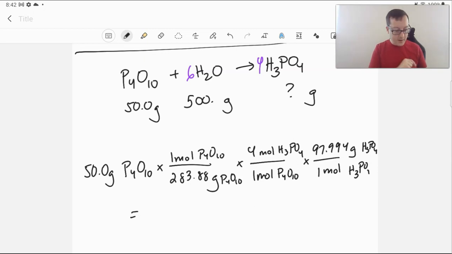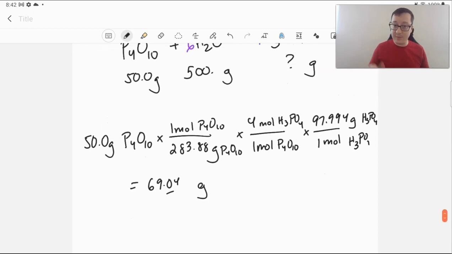So we're going to have 50 divided by 283.88 times 4 times 97.994. We get 69.04, we'll say. And we'll just go ahead and indicate that we have only 3 sig figs here. Let's just keep it for now, just in case we have a problem. All right, so that's the amount we can make with our phosphorus-containing compound, our P4O10.